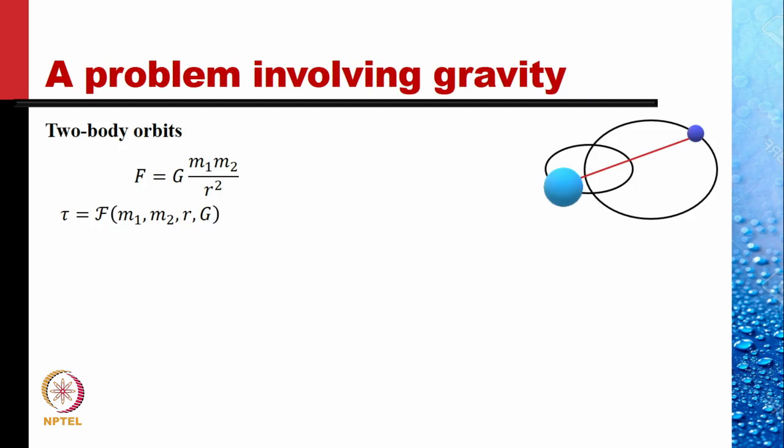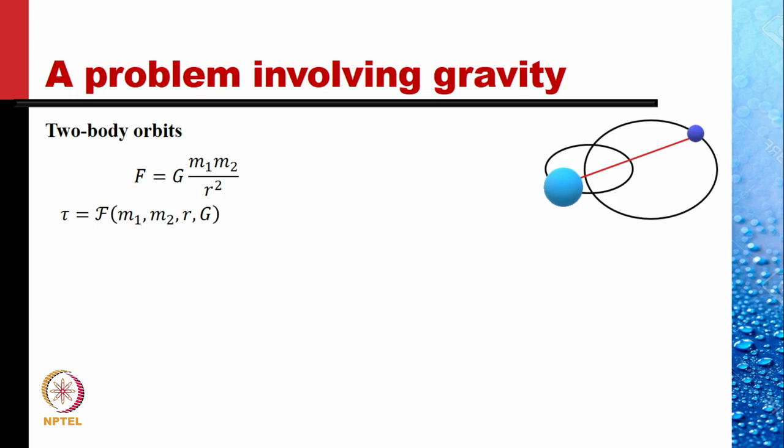Let's do one more example. In this example, we take two body orbits. Two bodies are orbiting under the influence of the gravitation force between them. The force of gravity is given by G times m1 m2 divided by r square, where r is the distance between the two, m1 and m2 are the masses of the two bodies, and G is the universal gravitational constant.